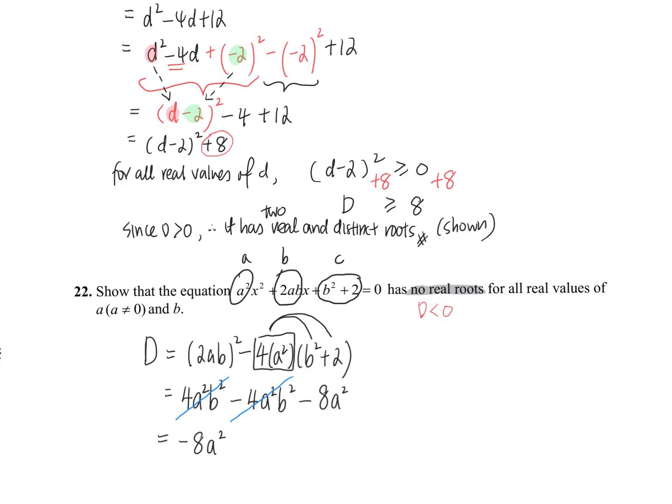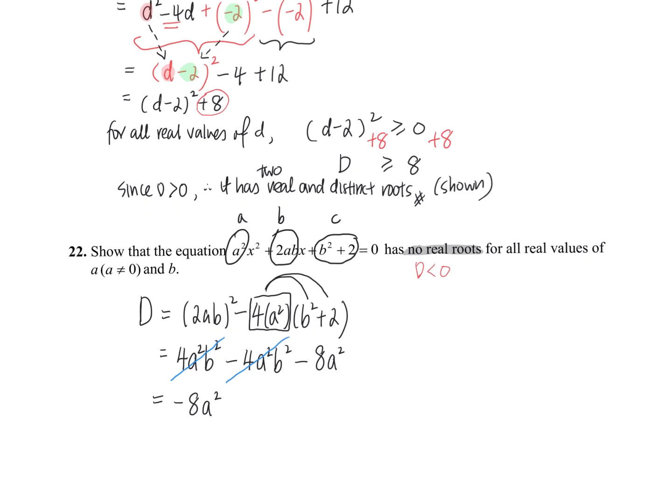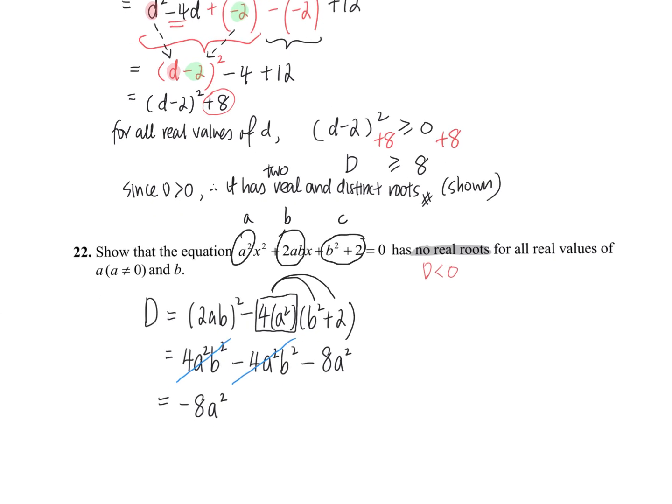Okay, so then what's next? You are supposed to show that discriminant is less than 0. So there is a square term there that you like, right? So for all real values of A, I know that A squared is greater or equal to 0.